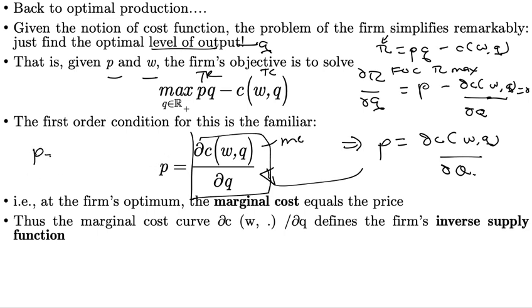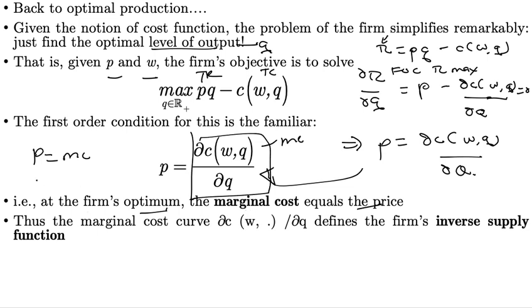If you can recall back in your study, P equals MC, in your first year undergraduate or first degree, P equals MC happens in the perfect or pure competitive market, a pure competitive firm in a competitive market. So here, we can see clearly that at the firm's optimum production, the marginal cost is equal to the price.